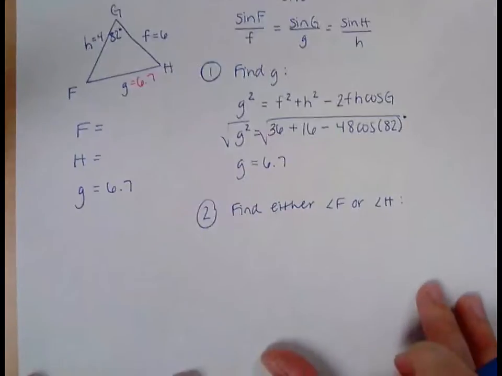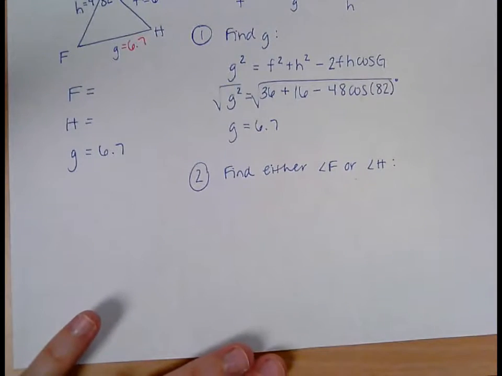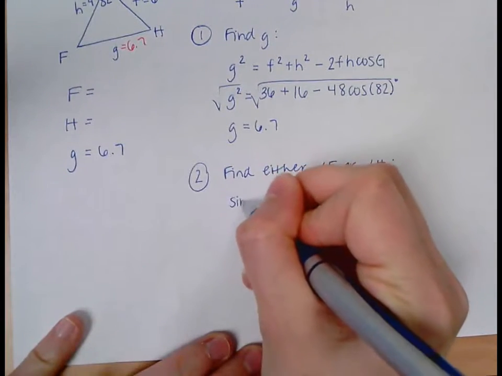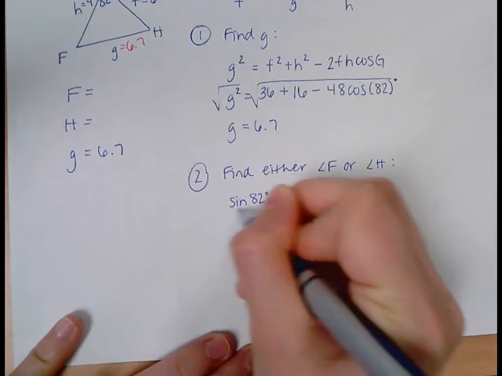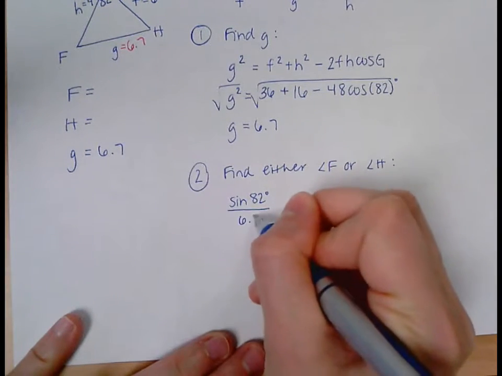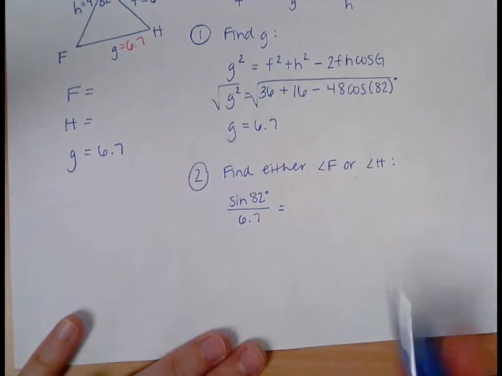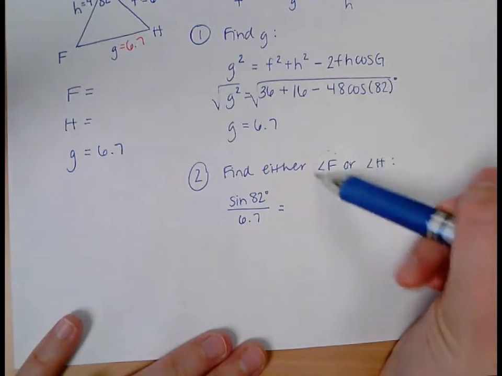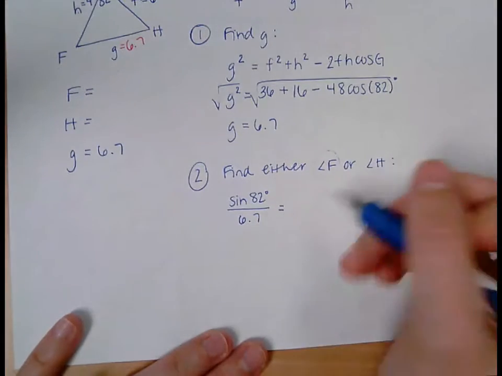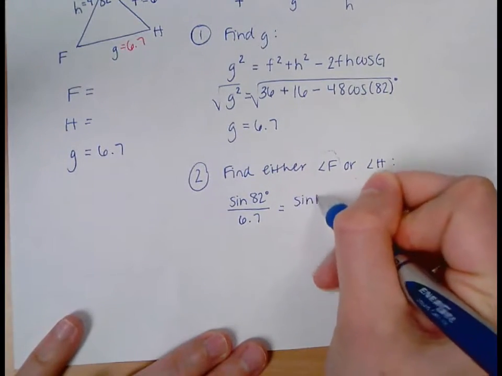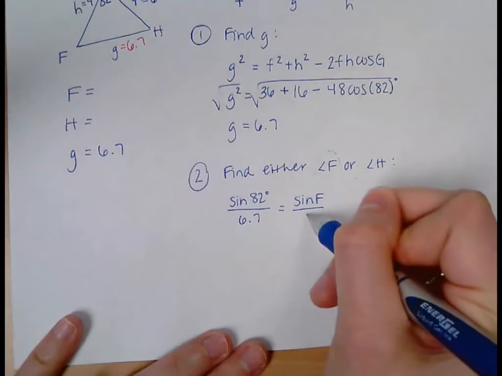But it wouldn't matter. But I can use law of sines to do that because I now have a full ratio. So I'm going to set up my sine of G over G. So sine of angle G is 82 degrees over side G is 6.7 equals, and if I'm going to choose to find angle F first, I'll set that equal to sine of angle F over side F is 6.